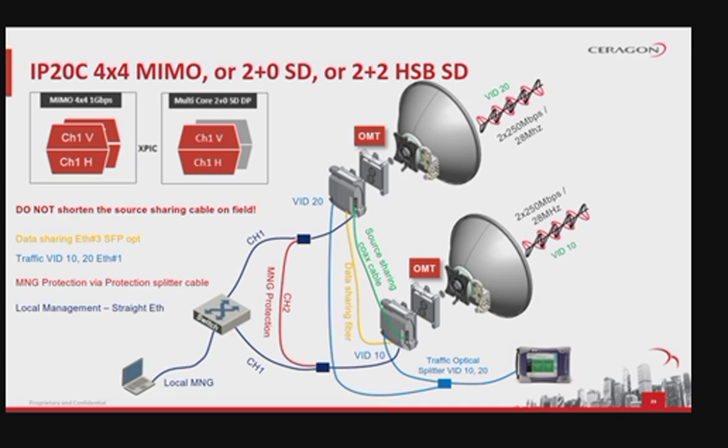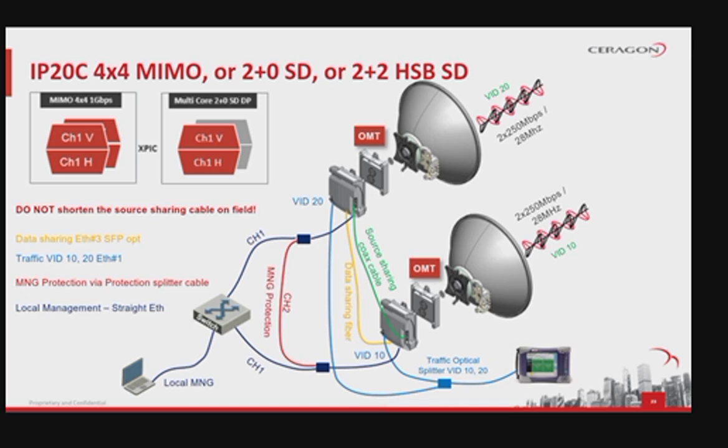A. For 4x4 MIMO assembly, 4 units are used, 2 at each end. Initially, 2 separate 2+0 XPIC links will be installed, one on top of the other, at a specific distance between the antennas on each end. Once the links are functional and working, the adjustments can be done for converting to a 4x4 MIMO installation.